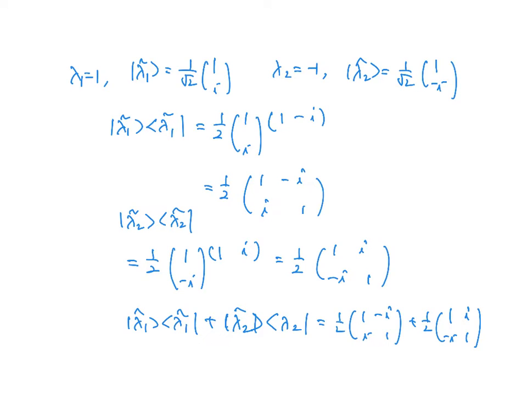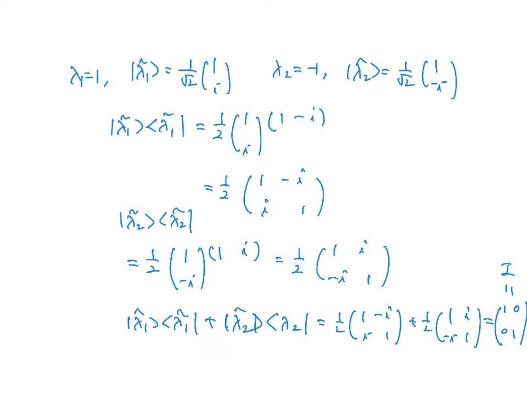What do we have? 1 plus 1 is 2, divided by 2 is 1. Minus i plus i is 0. I plus minus i is 0. 1 plus 1 is 2, divided by 2 is 1. So this is basically 1, 0, 0, 1, which is I.